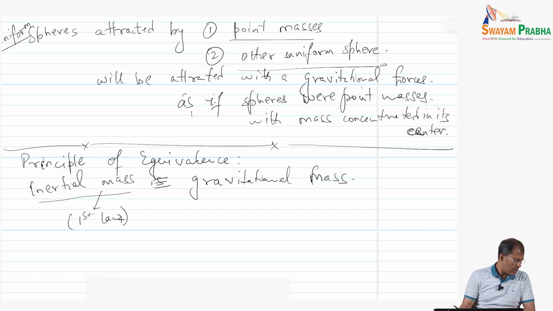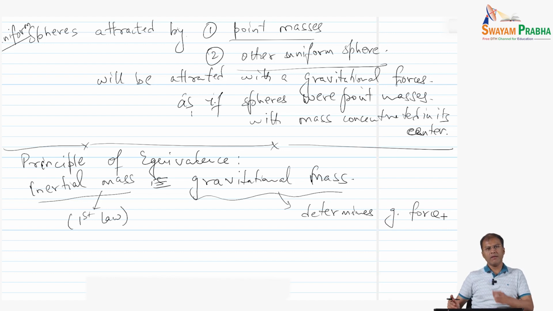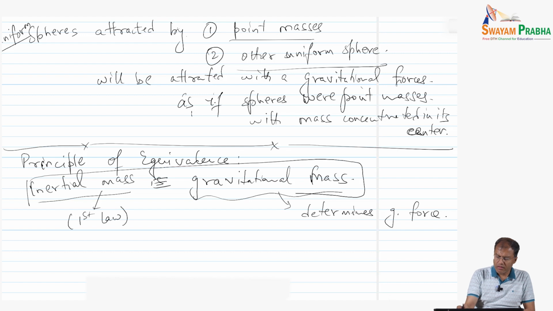And gravitational mass is the second property of the particle which determines the gravitational force, right? And the principle of equivalence says that both masses are equal, and from here I can find my acceleration due to gravity, the constant g, small g, right?